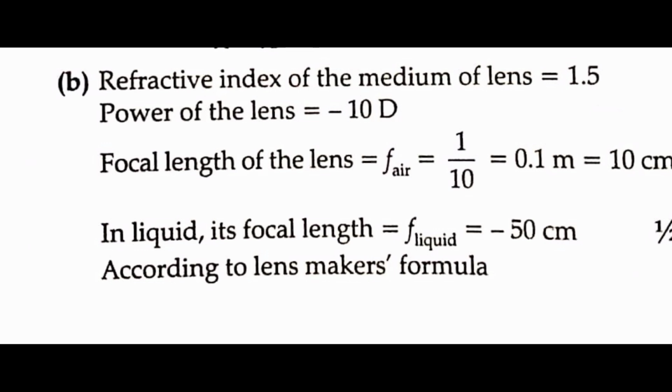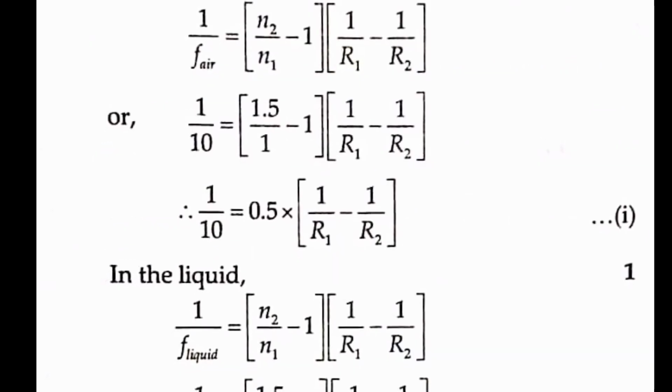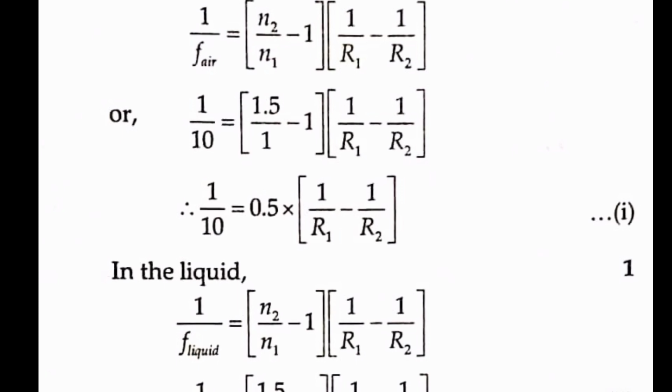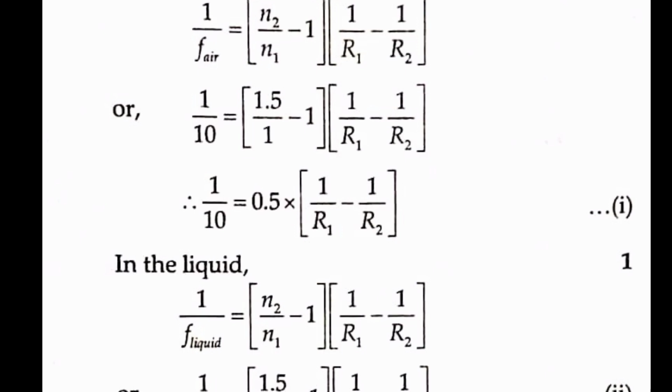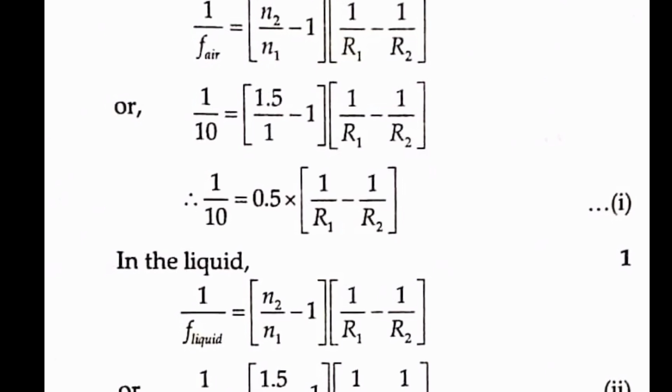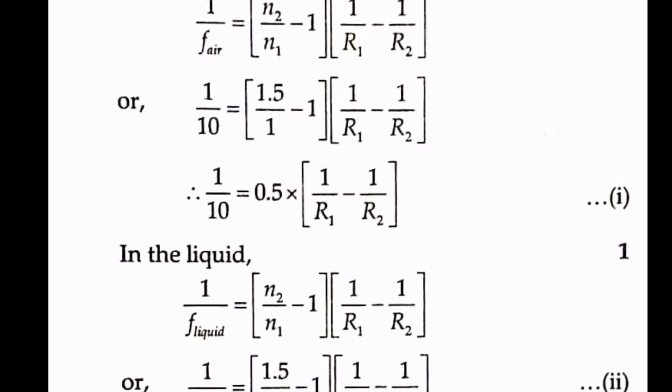So we can use the lens maker's formula. What is the lens maker's formula? 1 by F is equal to N2 by N1 minus 1, into 1 by R1 minus 1 by R2. Here we can substitute the values: F air is given as 10, and N2 and N1 are given.